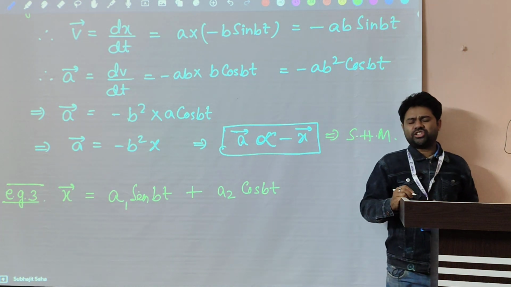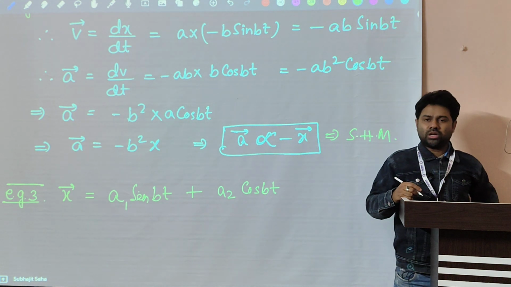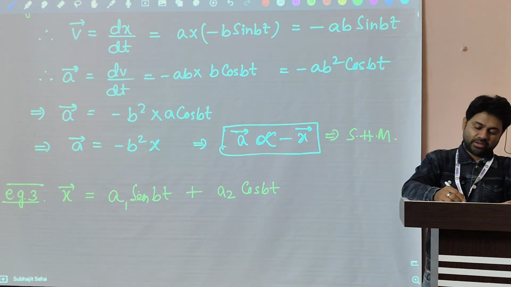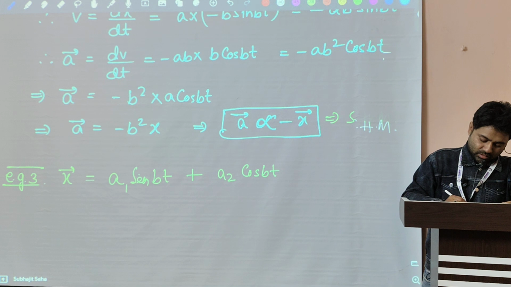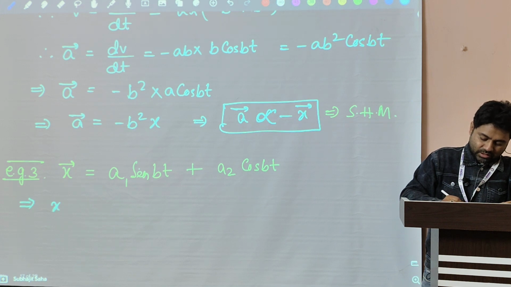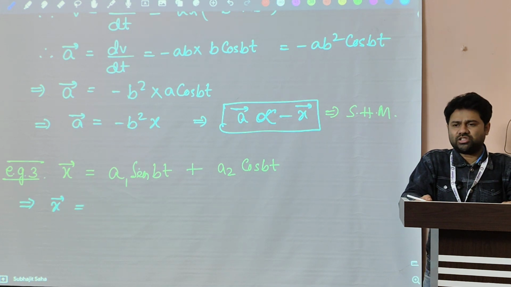Will this represent an SHM? Will this be simple harmonic motion? Let's see. x equals to a1 sin bt plus a2 cos bt.